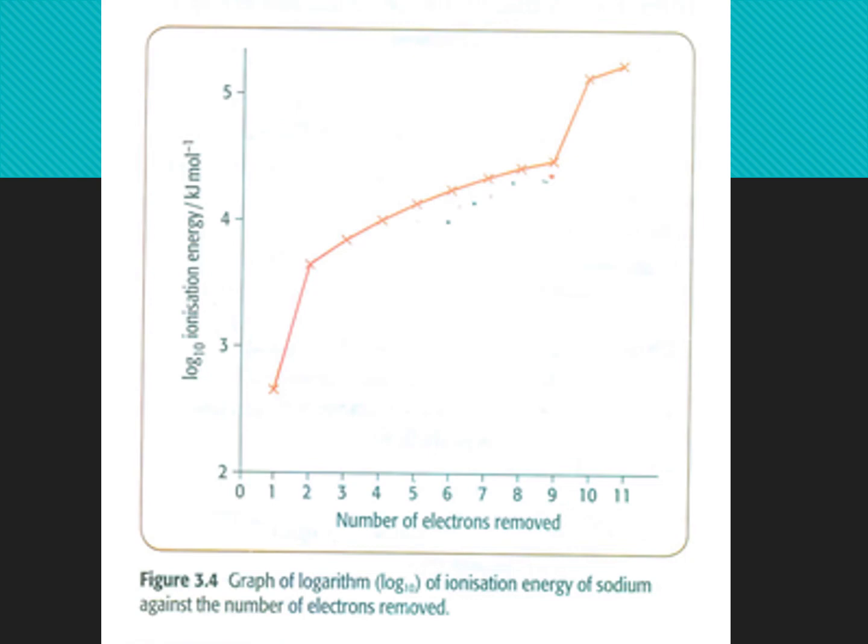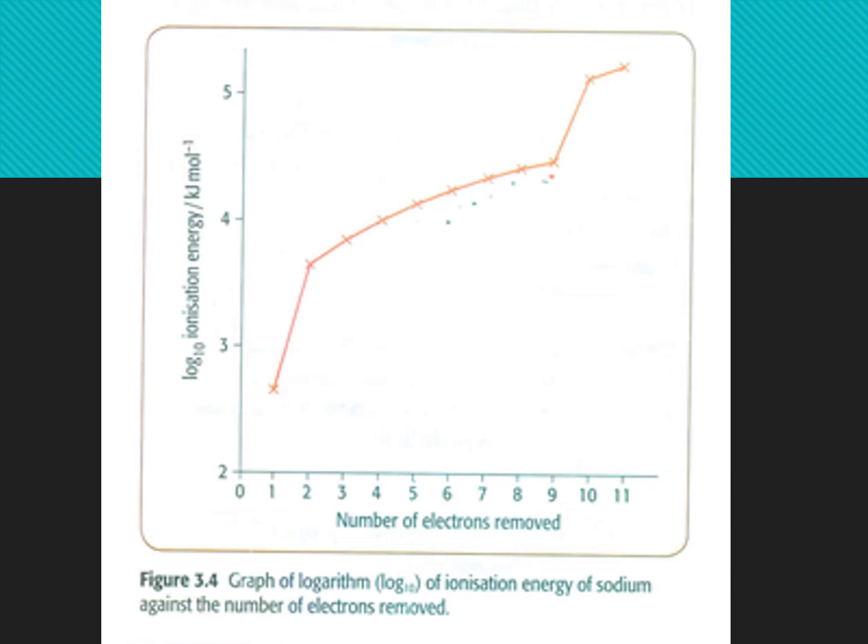And there's 1, 2, 3, 4, 5, 6, 7, 8 electrons. And then there's a big jump because after 8 electrons, you're back to a noble gas configuration. So it takes a big amount of energy to remove that next electron.